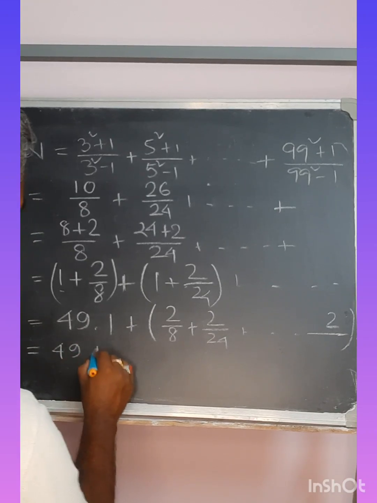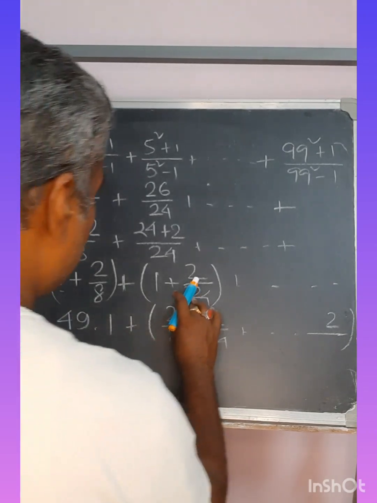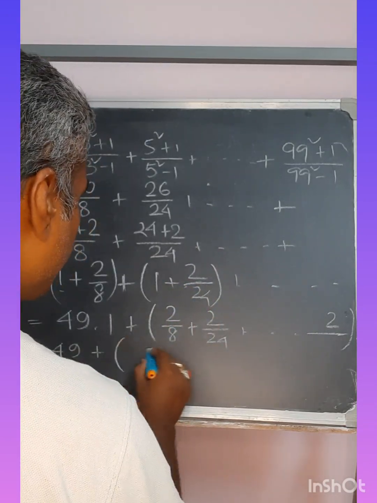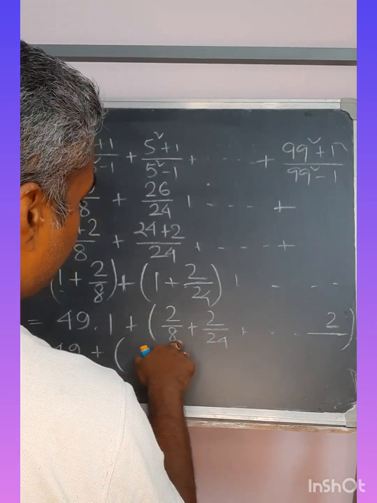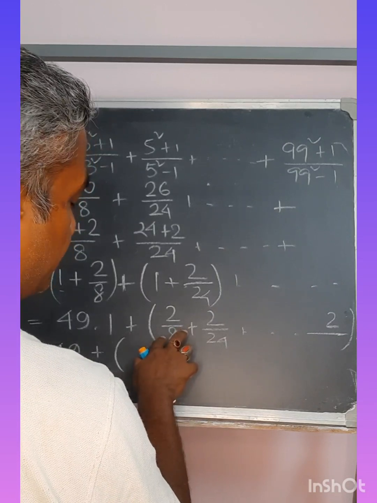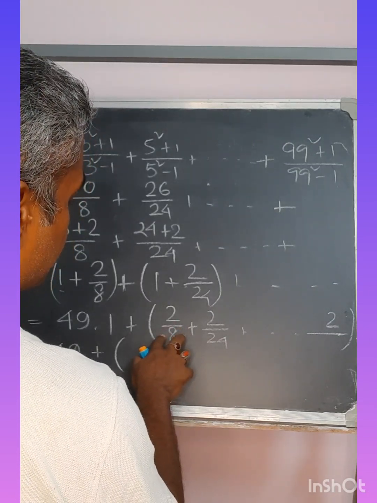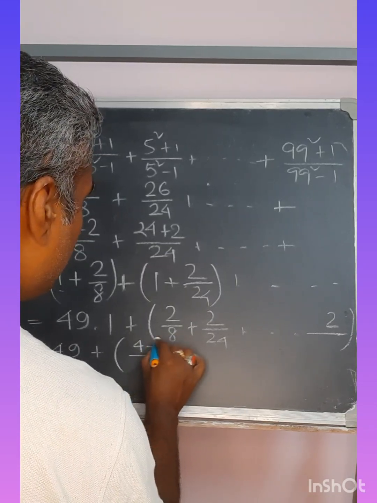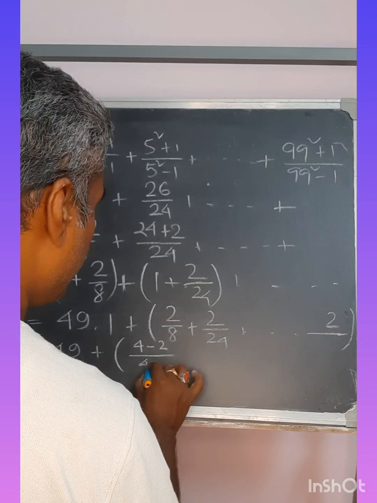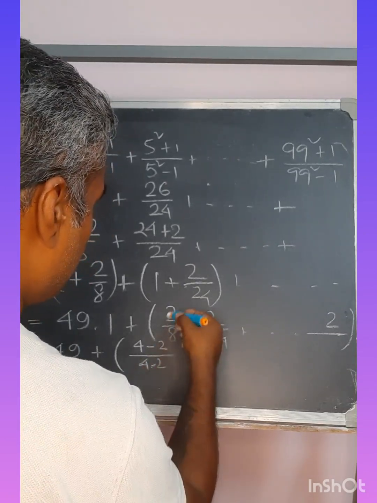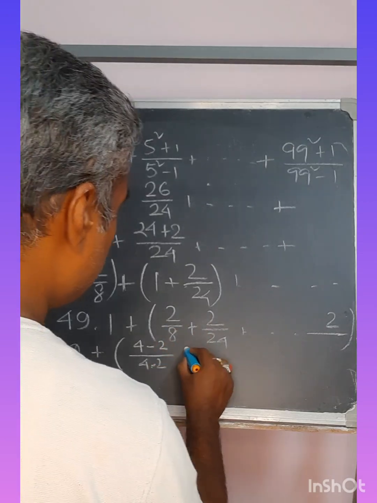So 49 plus, if I break it like that, this 8 can be multiplied as 2 factors, 4 into 2. So on top, if I write 4 minus 2 by 4 into 2, it will be in the same form. It is not changing its value.